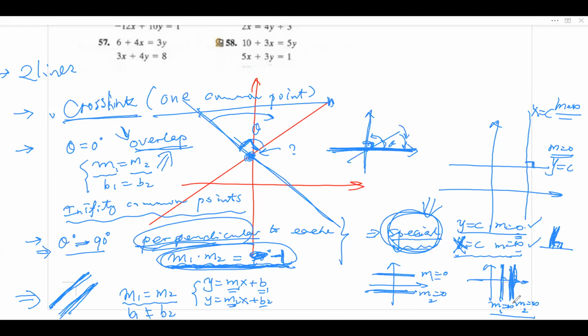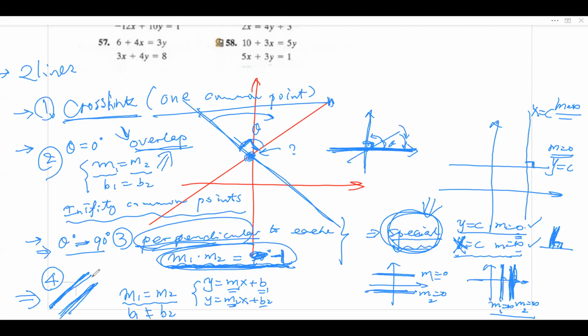All right, so these are the four different kinds of relationships of two lines. One is crossing, then overlap, which is actually a special situation, the third one is perpendicular, and the fourth one is parallel to each other.